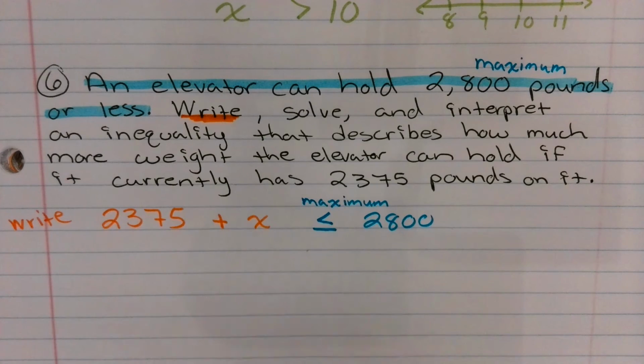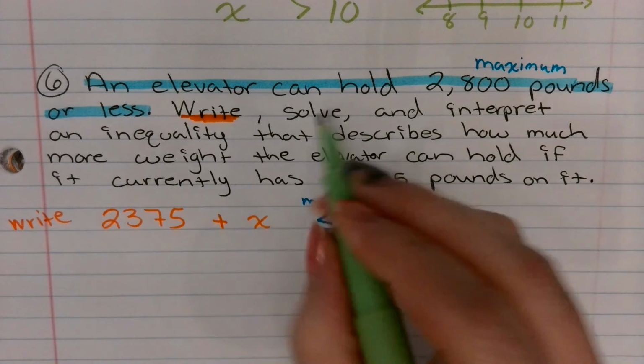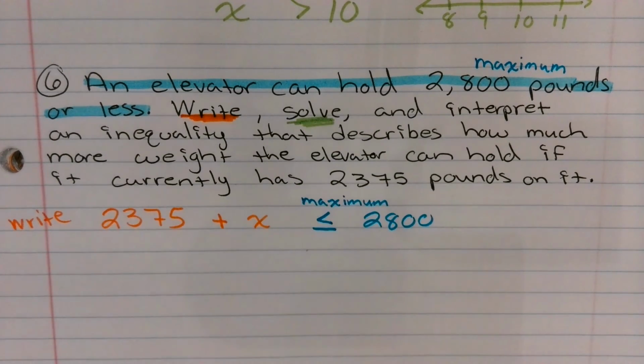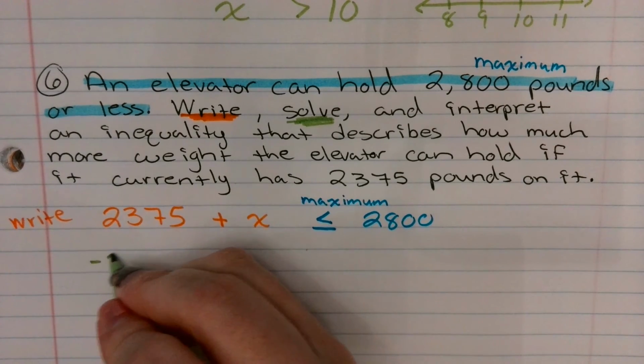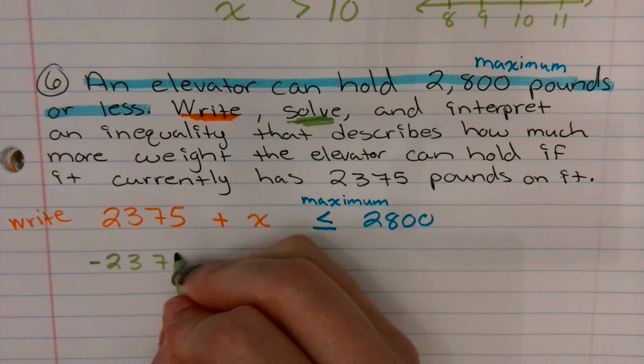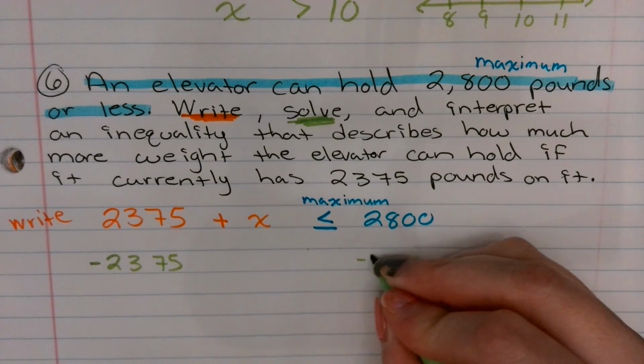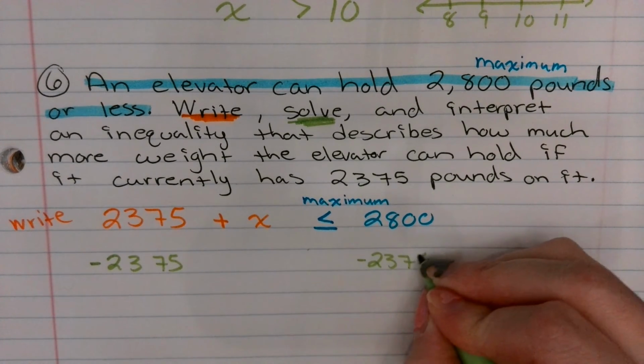That's the writing portion. Okay, let's get on to the solving portion. To solve it, in order to get x by itself, I need to go ahead and subtract 2,375 from both sides.